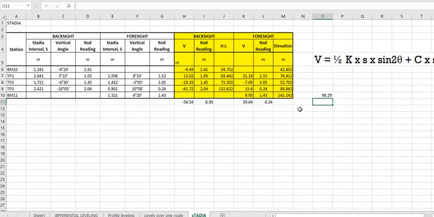Change sign, so that is 58.54 plus 6.95 plus 39.04 minus 6.24. We know that the rod reading of the foresight will be deducted and the backside will be added. So they are equal, meaning the computation is correct. That is the arithmetic check.